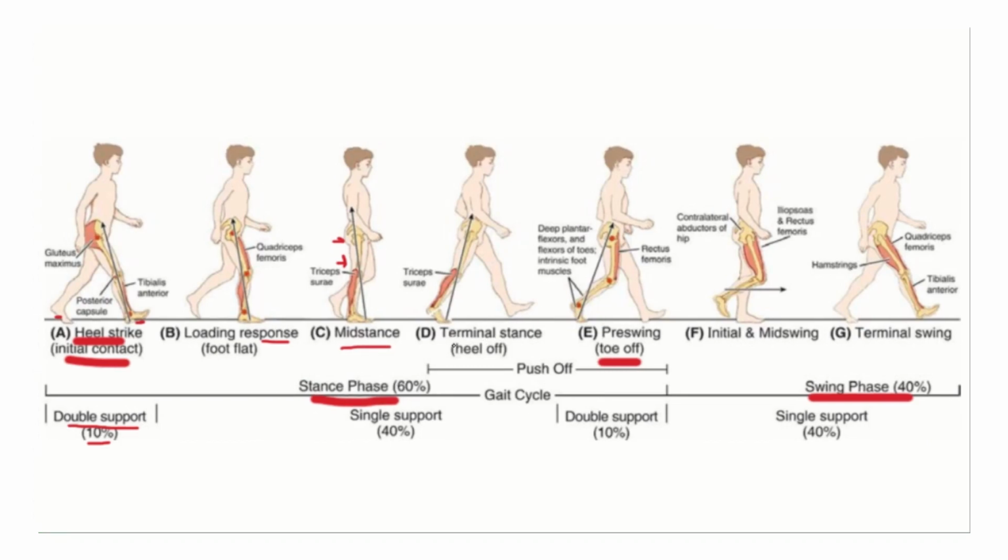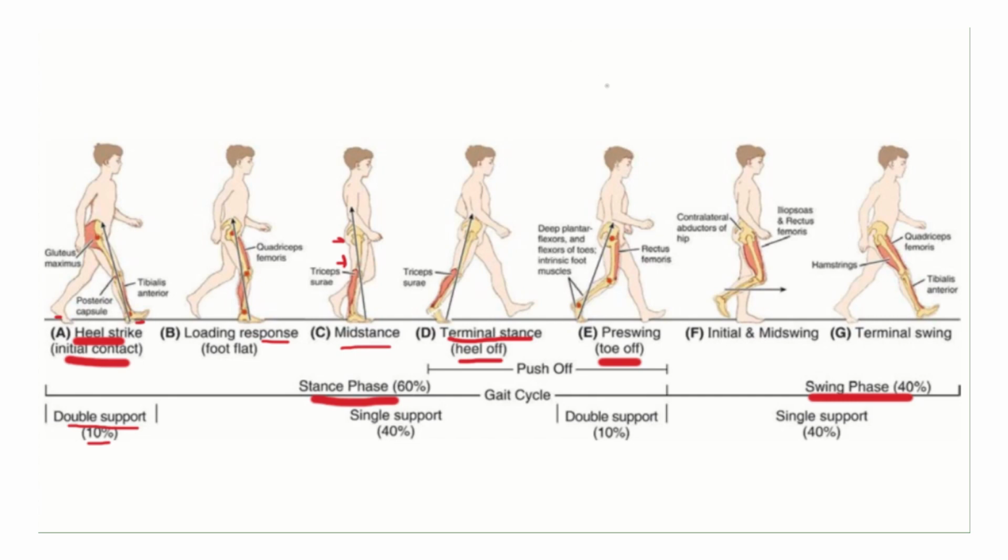Now the next part is terminal stance, or when the heel comes off the ground. The same muscles which were helping in stabilizing the limb before, like the pelvis stabilizers and the longitudinal arch of foot stabilizers, will be working here as well.